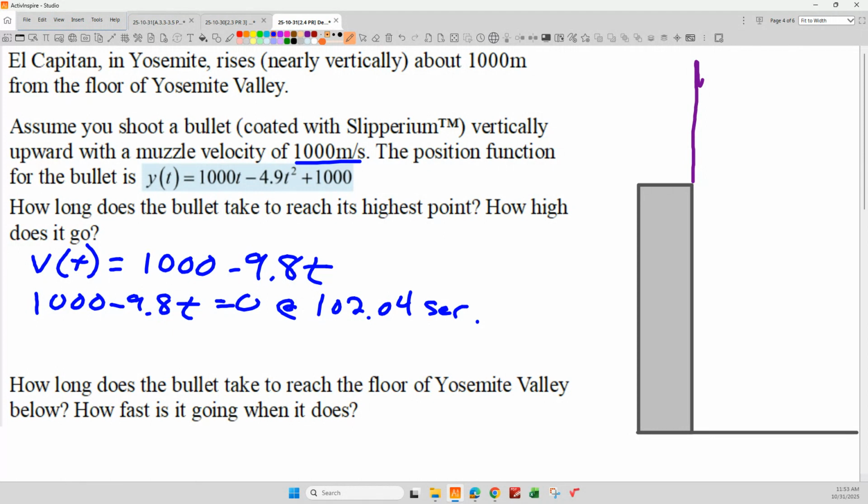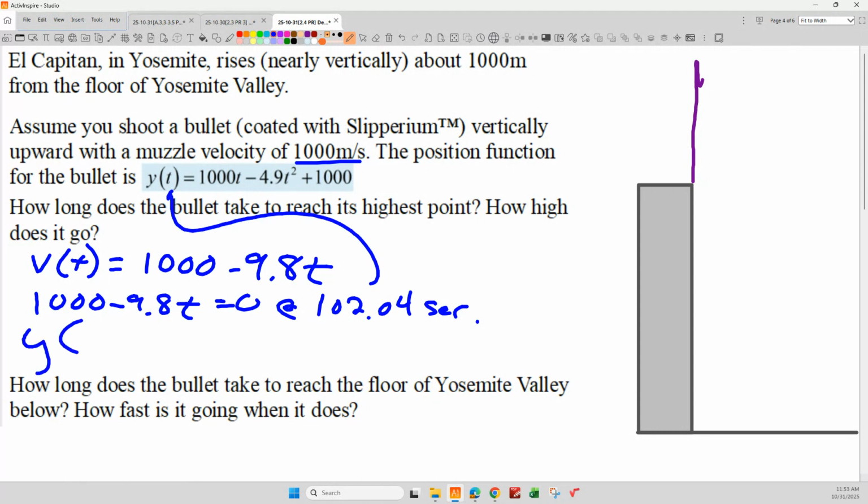How high does it go? How would I find out? That's it, right? Now we know the snapshot. That's our snapshot at the point when it's at its apex. It's going to be the frame in the video at exactly 102.04 seconds to 2 places, right? So I could just plug that in to y to figure out how high it goes.